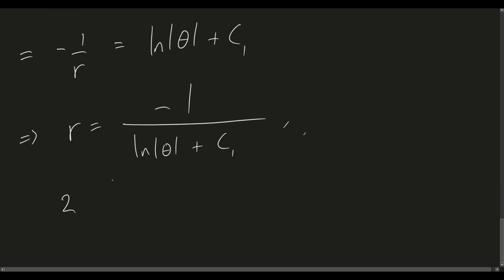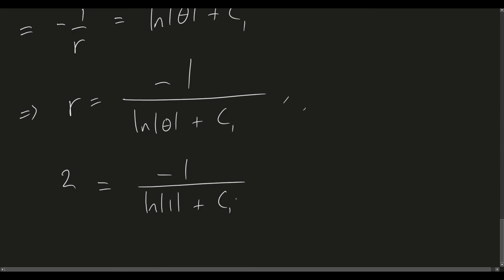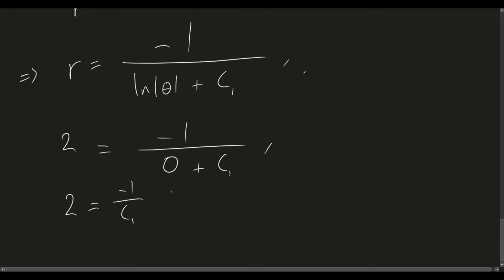So this equation now becomes 2 equals negative 1 over the natural logarithm of 1 plus c1. Okay, so we can reevaluate the natural logarithm of 1 as simply being 0. And so what we see is that we have that 2 is equal to negative 1 over c1.